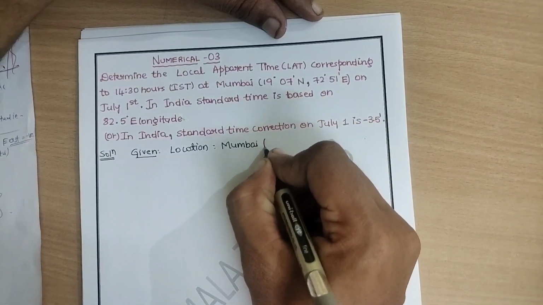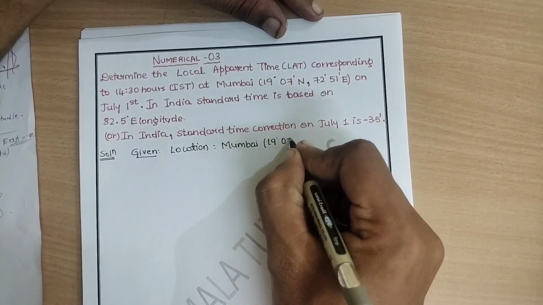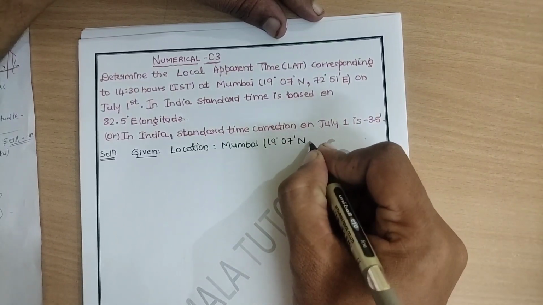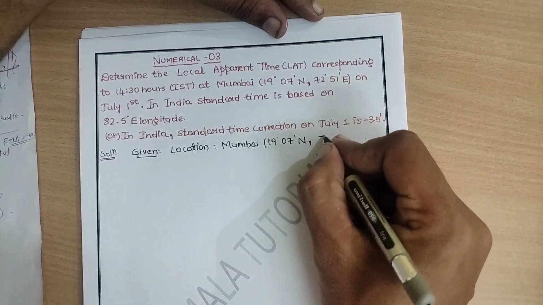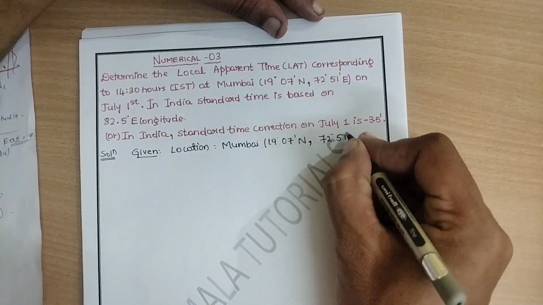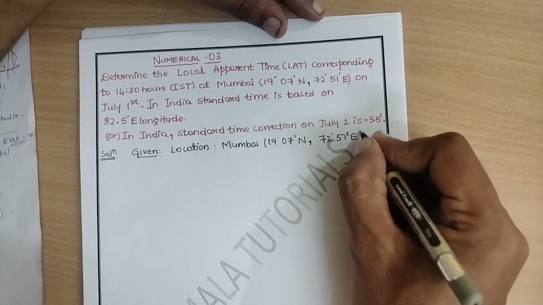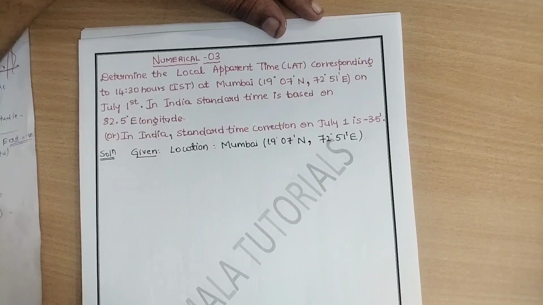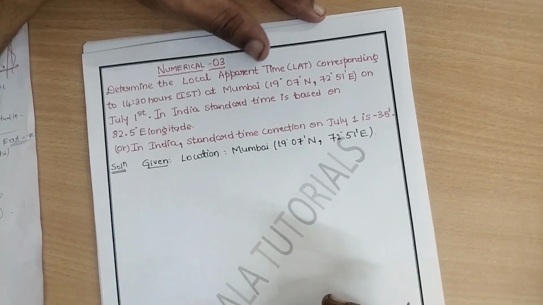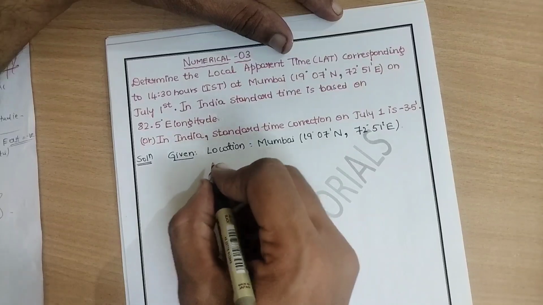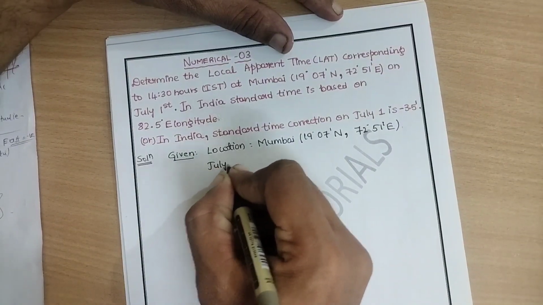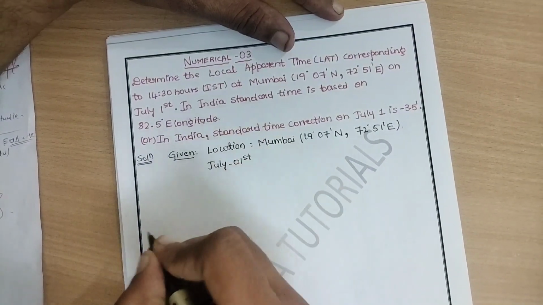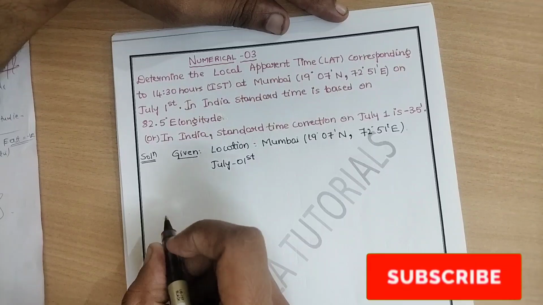The two different forms are 19 degrees 07 minutes north, this is the latitude value, and 72 degrees 51 minutes east, this is the longitude value. And we are supposed to calculate the local apparent time on July 1st. So this is the date on which the local apparent time has to be calculated.